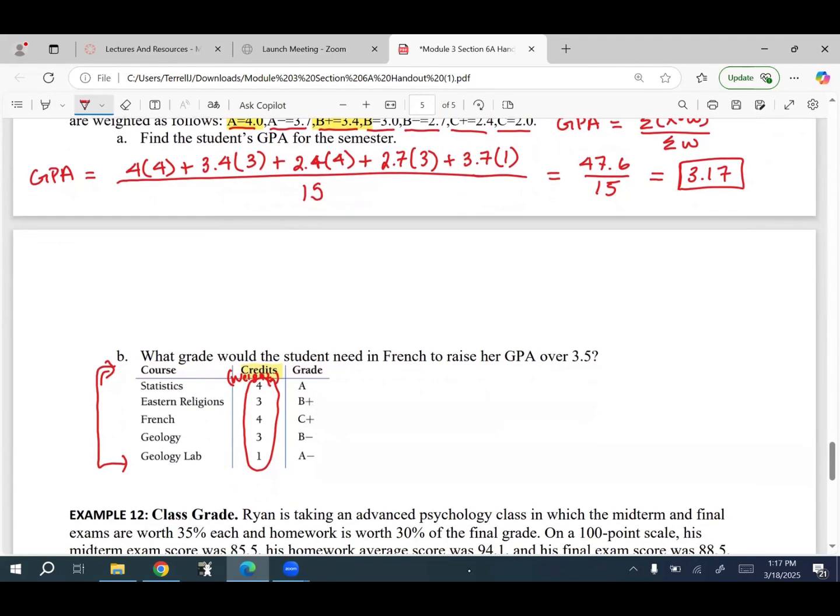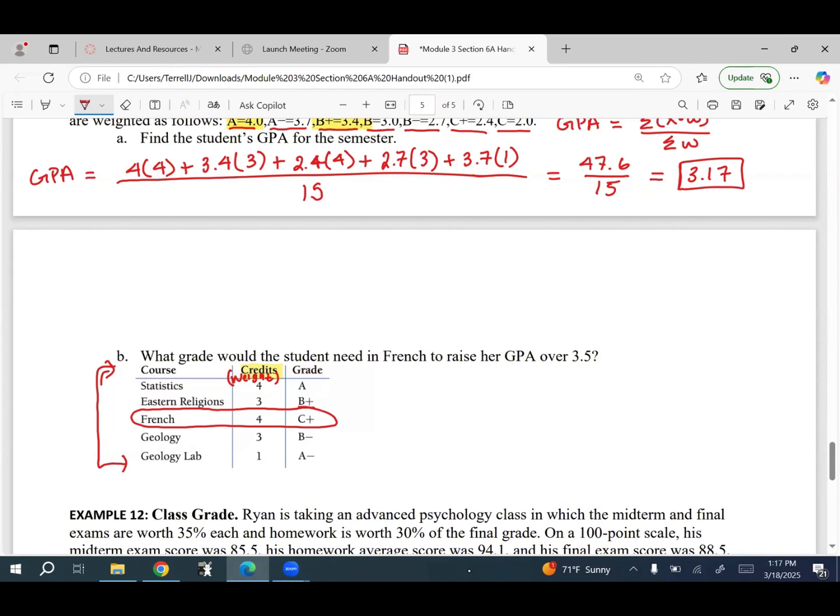Let's look at part B. It says, what grade would the student need in French to raise her GPA over 3.5? So now let's direct our attention specifically to French. I'm going to highlight that, or I'll circle it. The question is, in order to get a GPA of over 3.5, what grade does the student need in French?